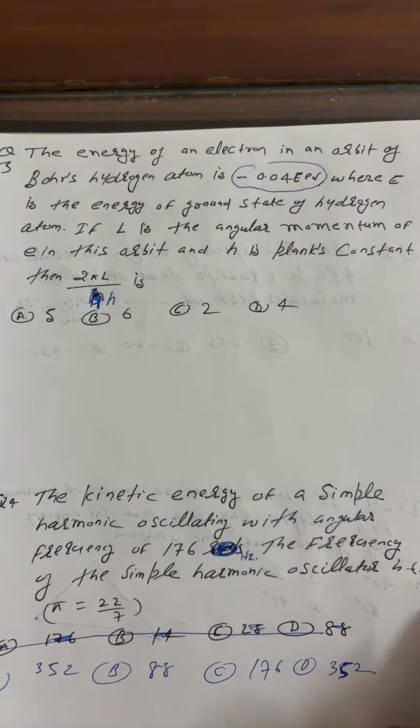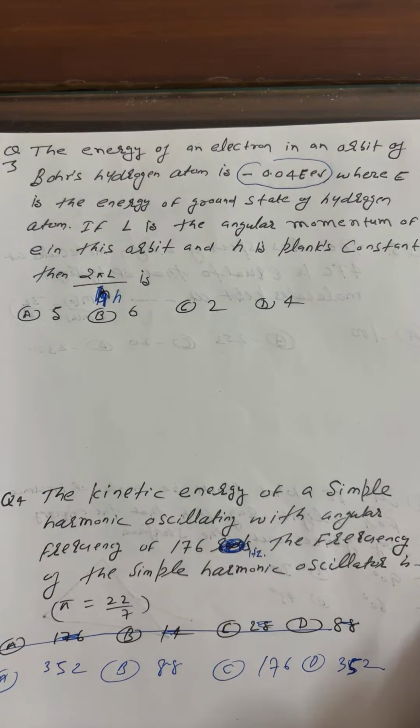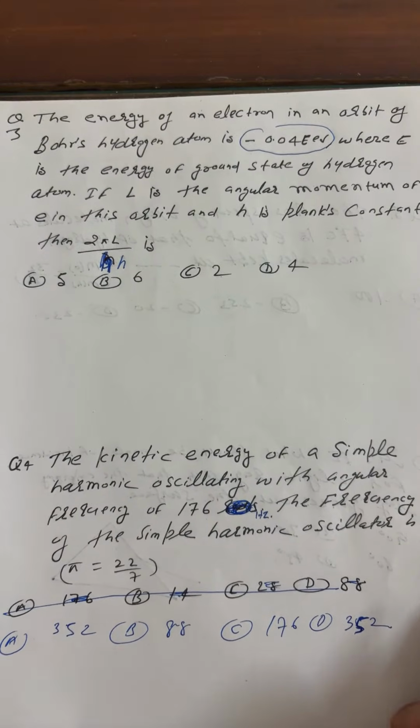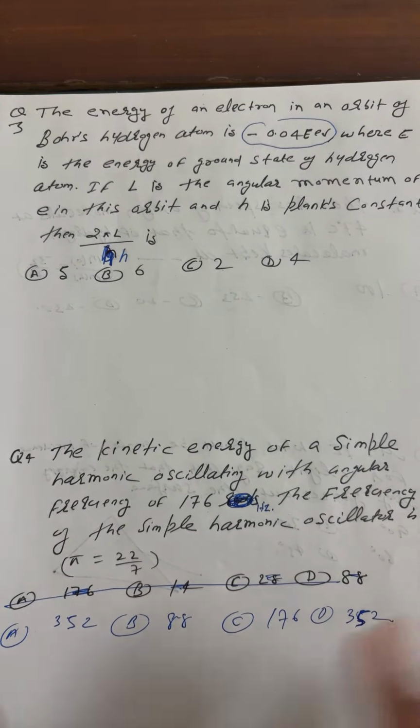So students, what is the next question? The energy of an orbit of Bohr's hydrogen atom is 0.04 E in electron volt, where E is the energy of the ground state of the hydrogen atom.